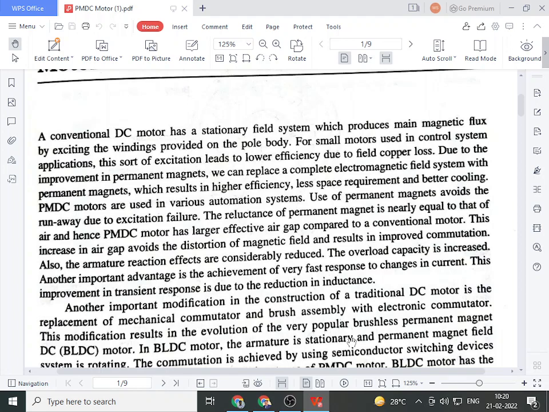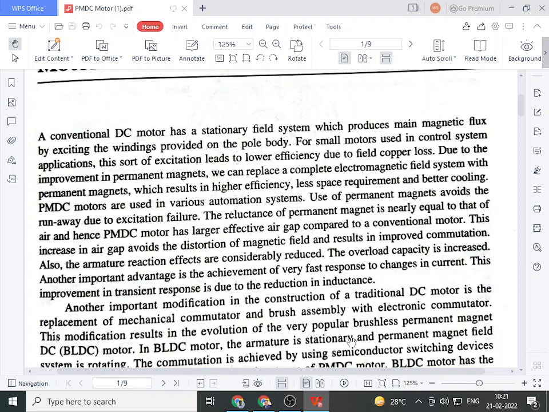There are certain disadvantages of this brush and commutator arrangement, because the mechanical commutation leads to certain disadvantages, and in the brushless DC motor that mechanical commutation is completely eliminated. The mechanical commutation is replaced with an electronic commutation arrangement.